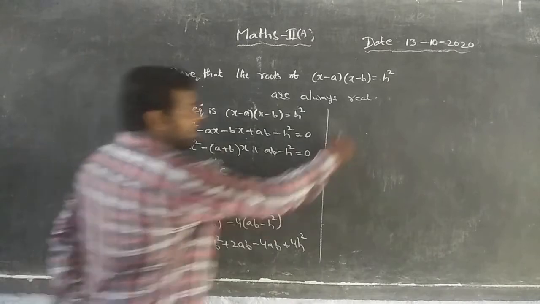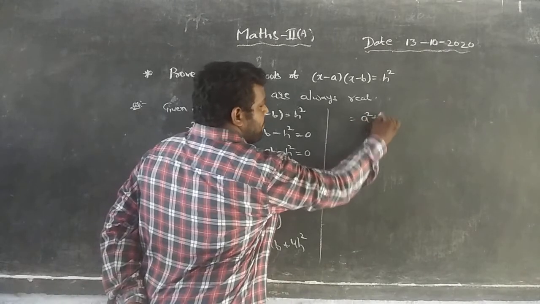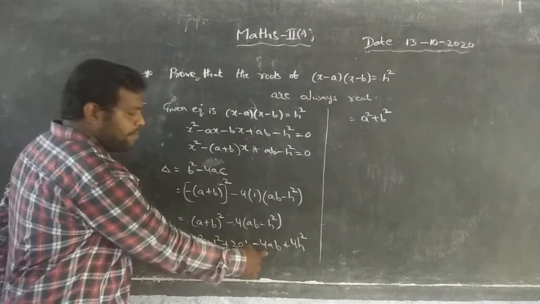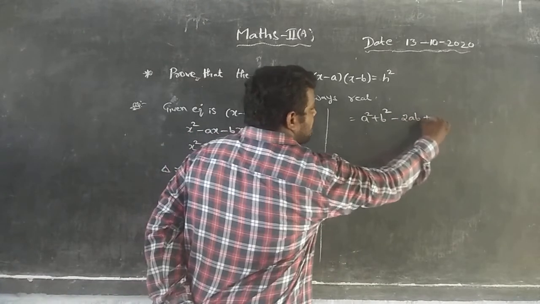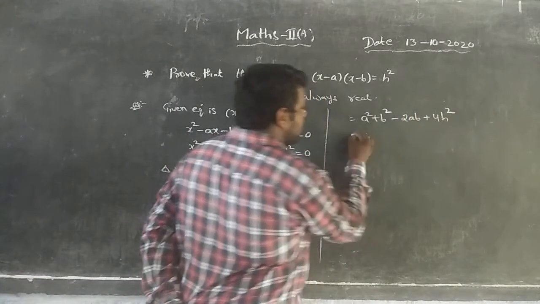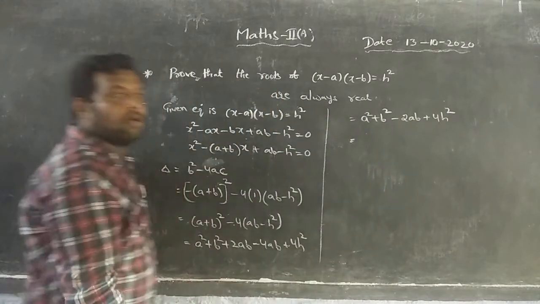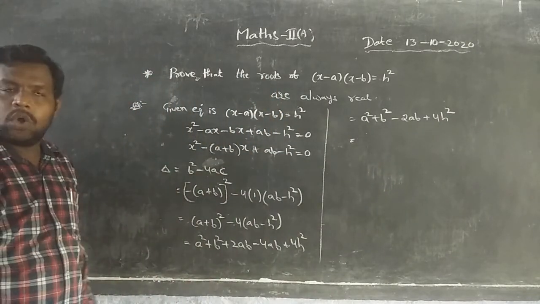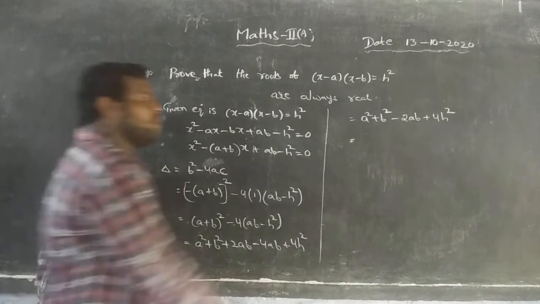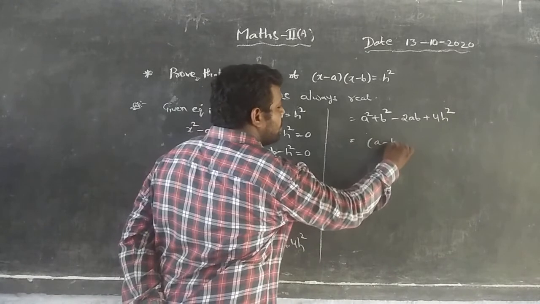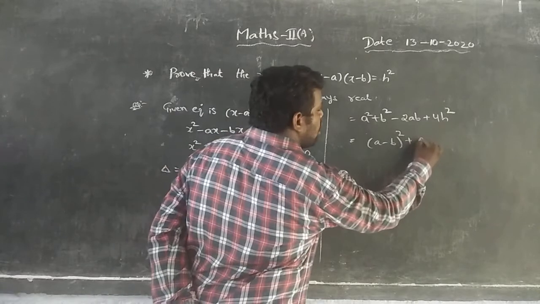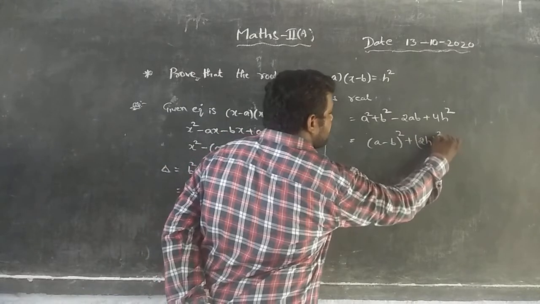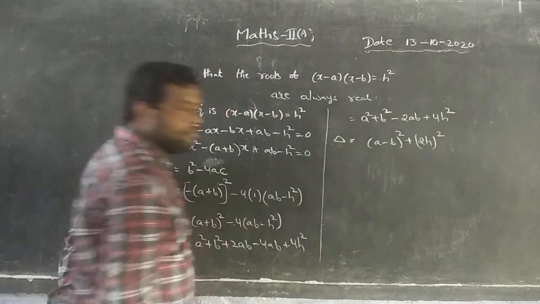a² + b² + 2ab − 4ab + 4h². The first three terms are in the form of (a − b)². a² + b² − 2ab can be written as (a − b)², and 4h² can be written as (2h)². This is delta.